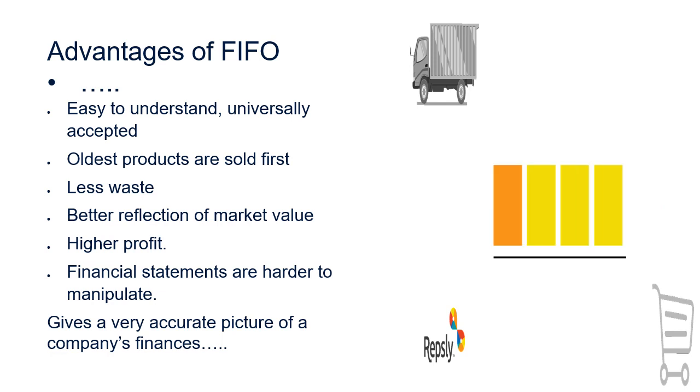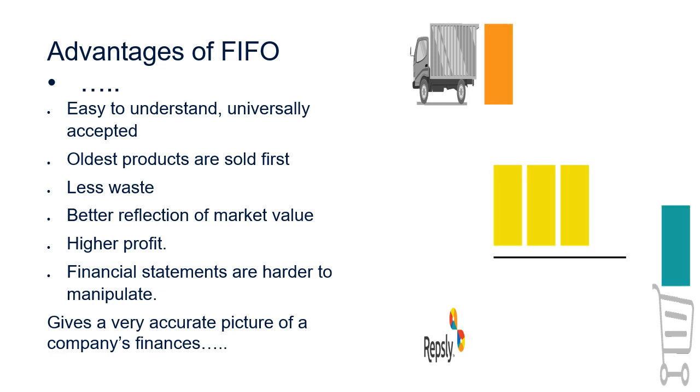Secondly, FIFO follows the natural flow of inventory. That is, the oldest products are sold first, with accounting going by those costs first. This makes bookkeeping easier with fewer chances of mistakes.